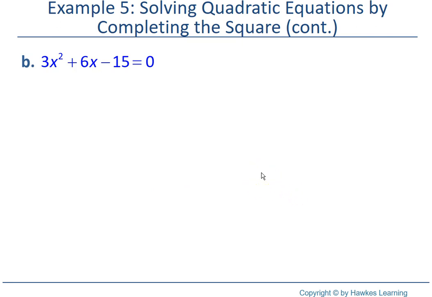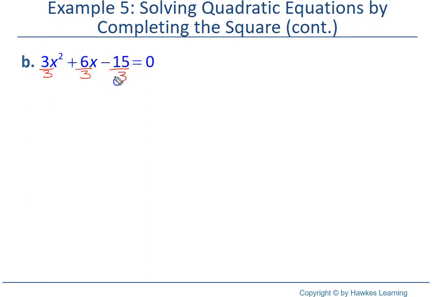Now, this one's a little different, because whenever we do completing the square, we want to have our A term as a 1. So as I look at this, I can take a 3 out of each term here.